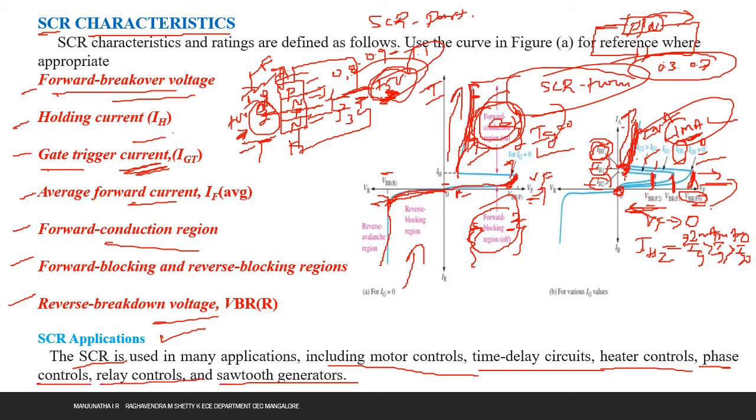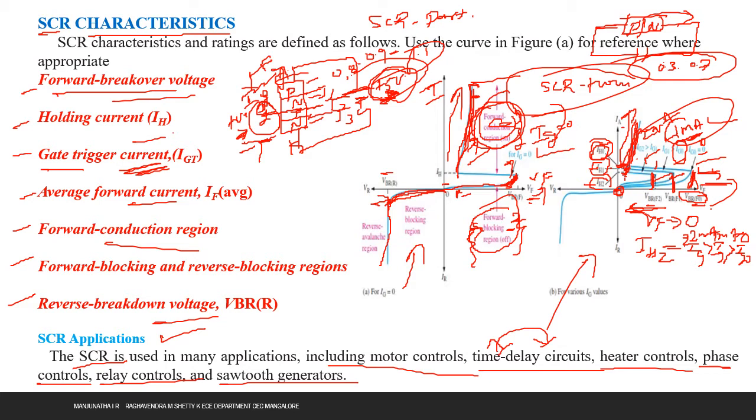So why do we require the time delay? Let me map this here. Here we are making the SCR go to forward conduction. Here also we are making the forward condition, and here also, but with some delay. So some delay is there.